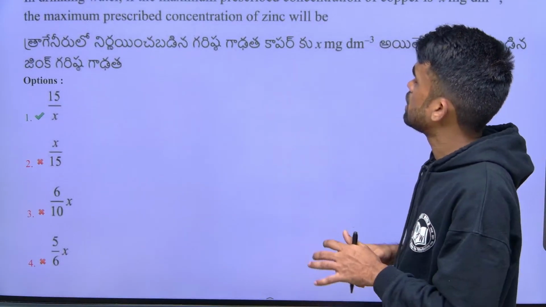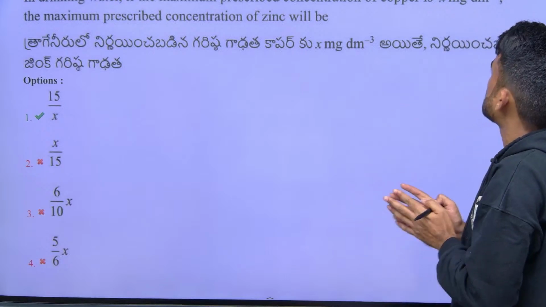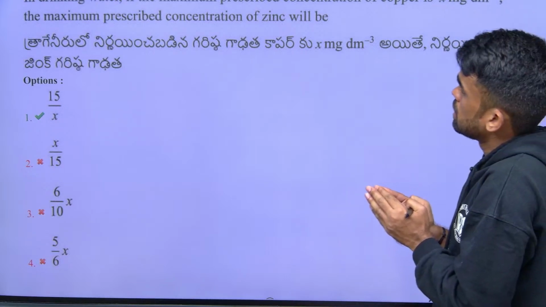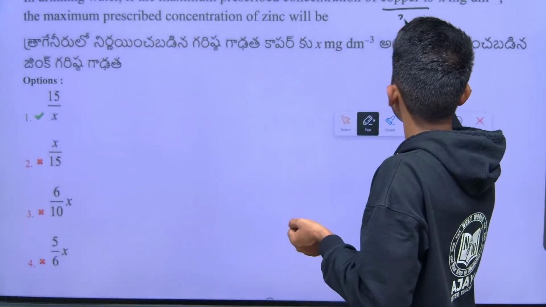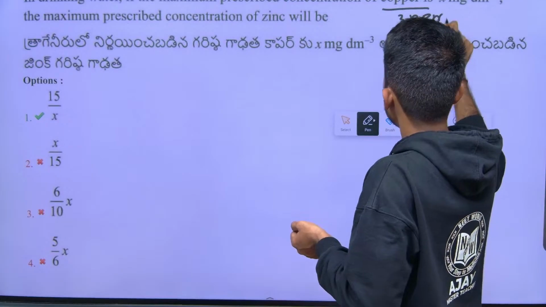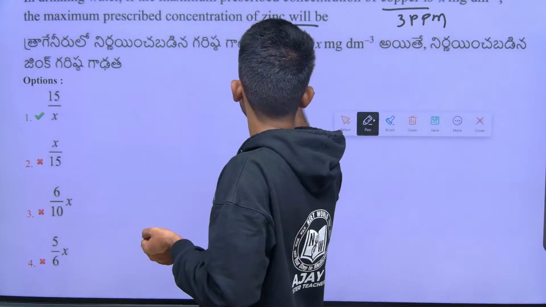Next. In drinking water, the maximum prescribed concentration of copper is X, and the maximum prescribed concentration of zinc is how much? Directly I will tell you: for copper it is 3 ppm, and for zinc it is 5 ppm.